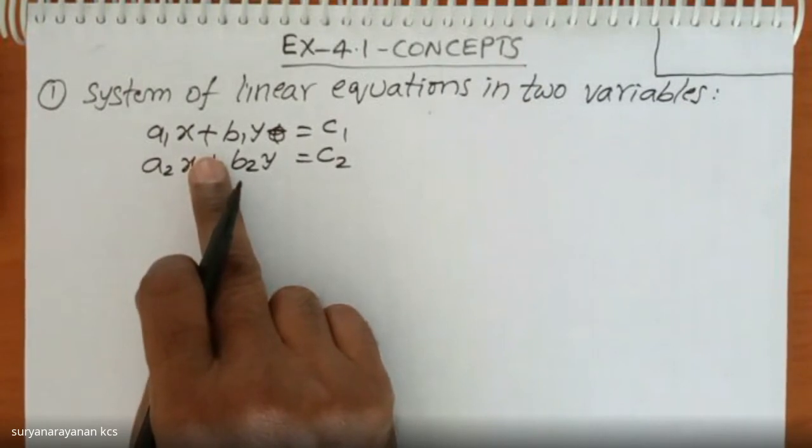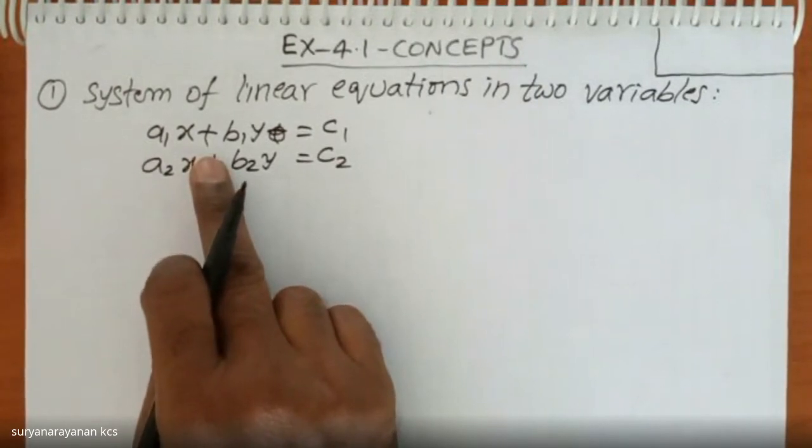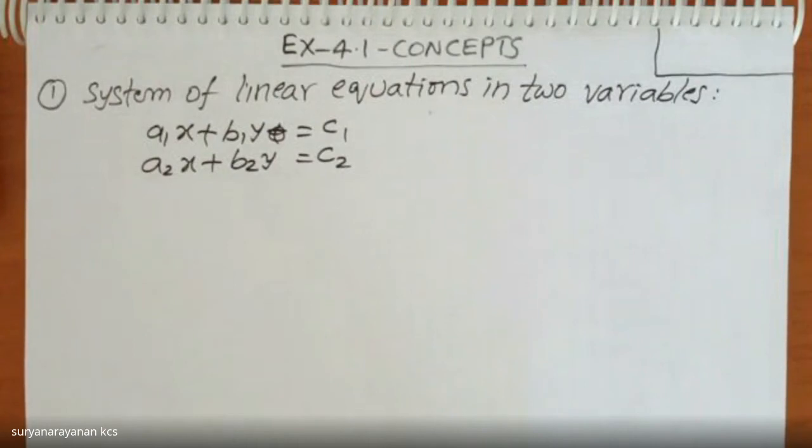Now come to the second method, that is algebraic method. In the algebraic method also, you have studied different methods. Substitution method. Do you remember that one? Elimination method. In 10th class, you have studied, you have learned. Do you remember those methods?